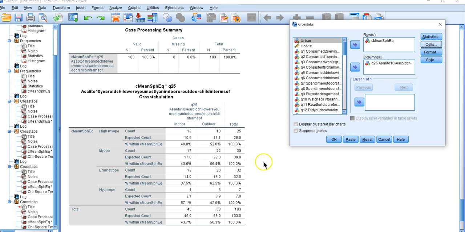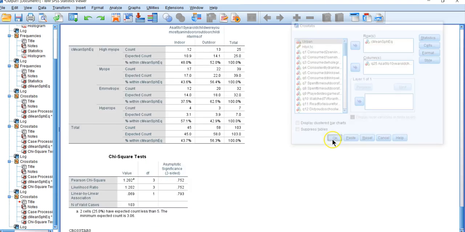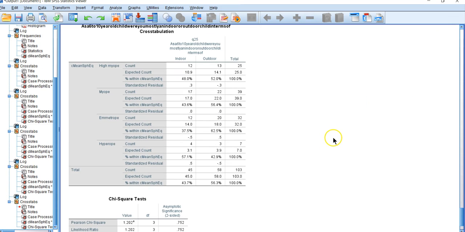So if you take the square root of the chi-square value for a particular table, you will get the z-score. We have all pretty small z-scores throughout here.